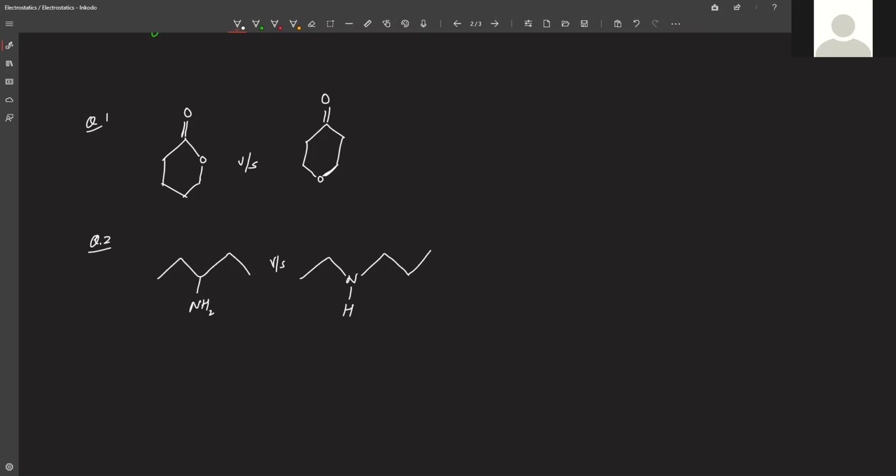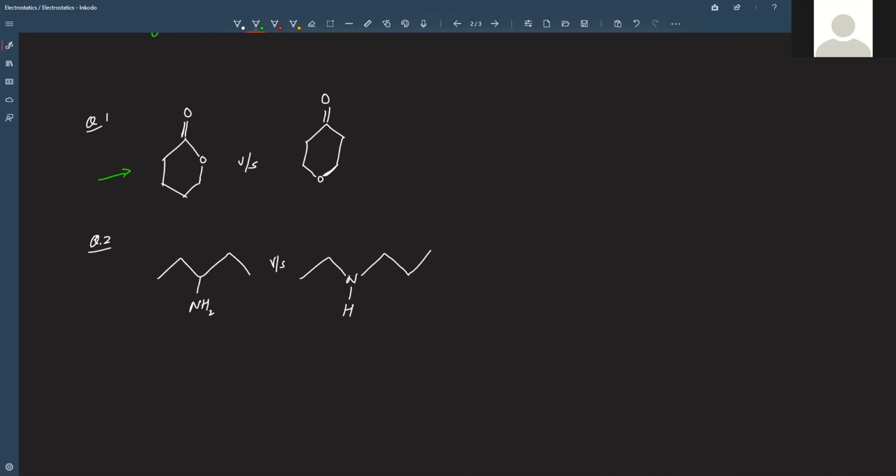So what are the functional groups in the first question? In the first question, there are two structures, one on the left, one on the right. What is the family of the first compound? First one's an alcohol. Yeah, not alcohol, sorry.